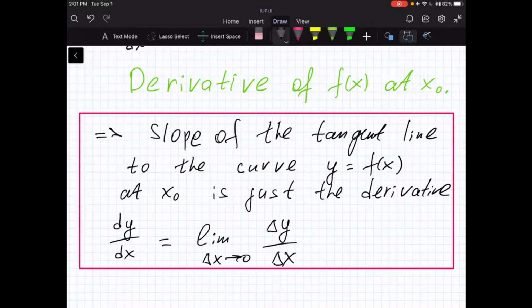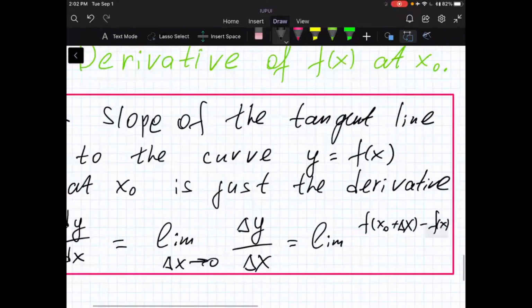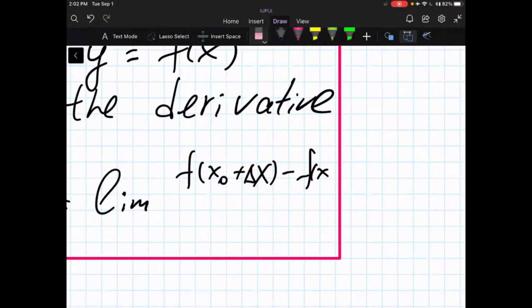Okay. F of x naught, I just rewrite what we have found, divided by delta x.